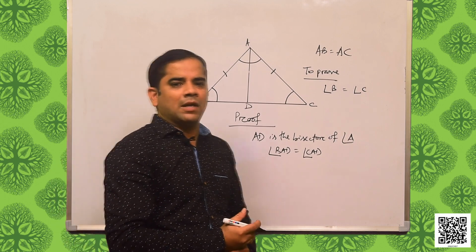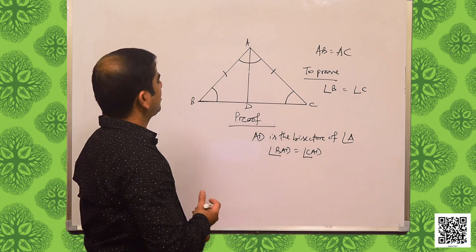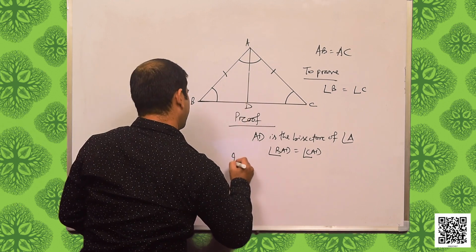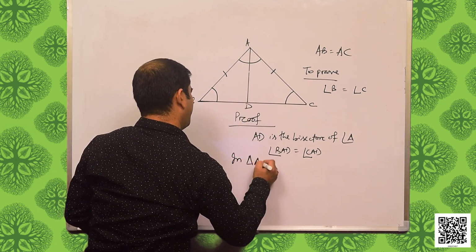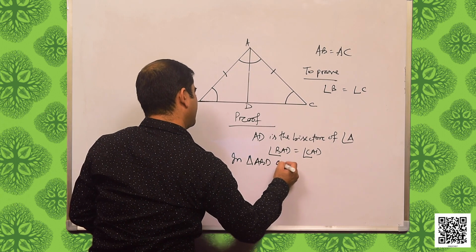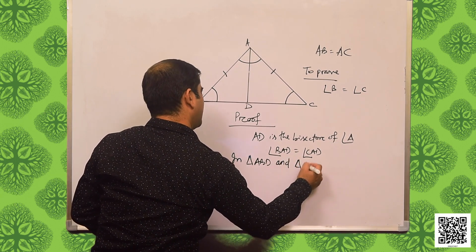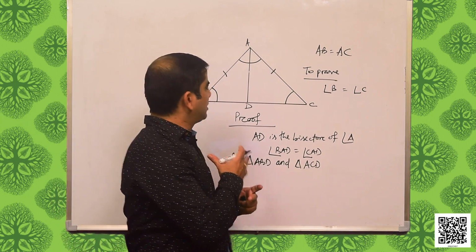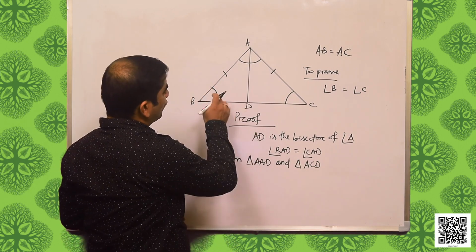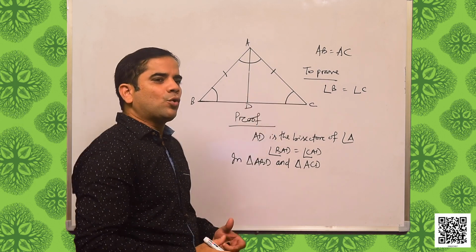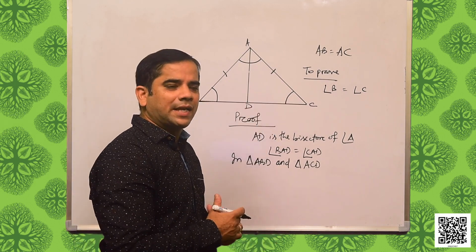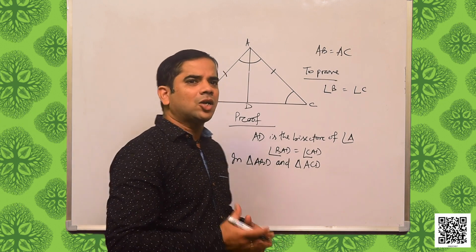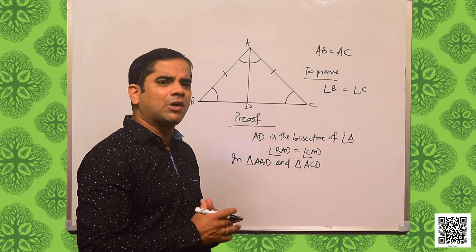Now, let us concentrate on triangles ABD and ACD. In triangle ABD and triangle ACD. Students, why am I doing so? We need to prove angle B is equal to angle C. We know about congruency, and we know that when two triangles are congruent, then the corresponding sides and angles are equal to each other.